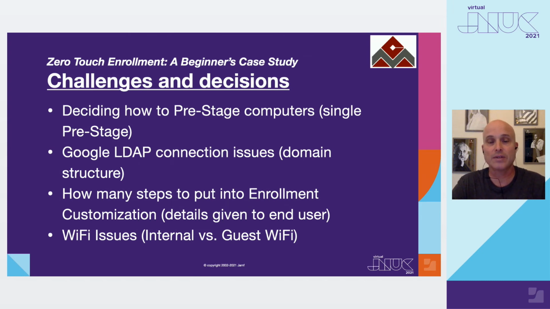If you hand this device to a teacher, or if you deliver it to them at their house over the summer, let's say, and they turn this on at their house and they connect to their home Wi-Fi, no problem. But when they're on campus, we have the internal side of our Wi-Fi where we push a configuration profile to allow a district-owned device to get onto the internal side of our Wi-Fi. And we have a guest Wi-Fi, but the guest Wi-Fi has a splash screen, and the splash screen caused the enrollment process to time out.